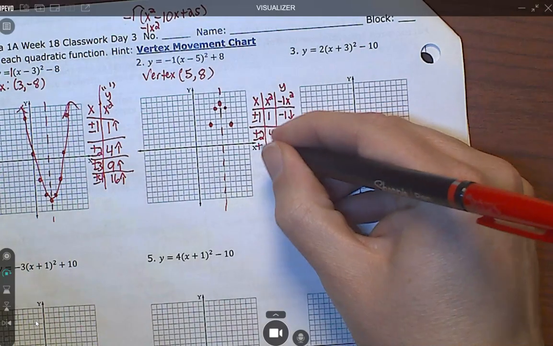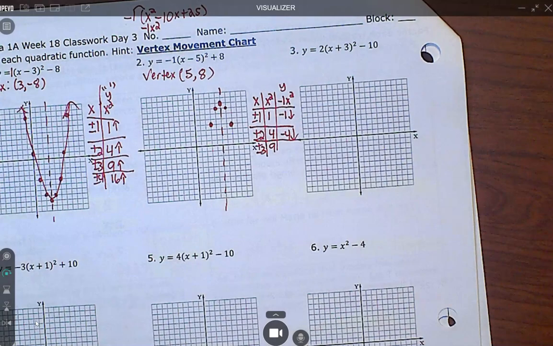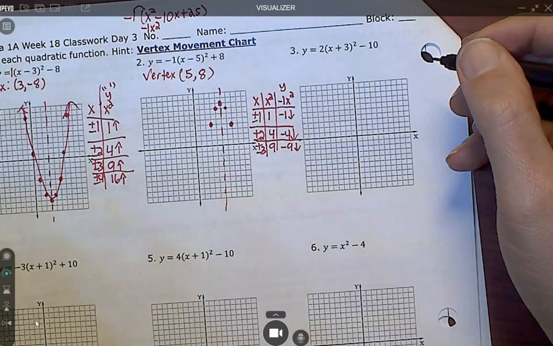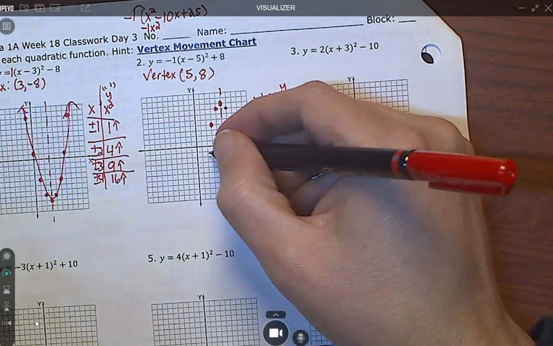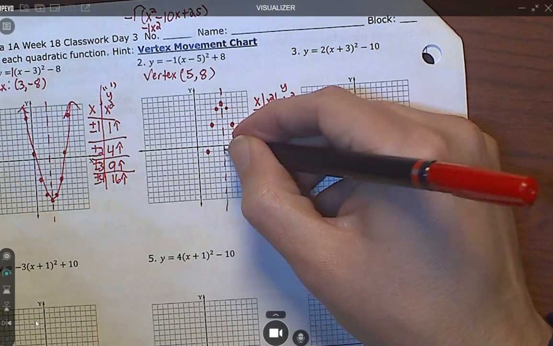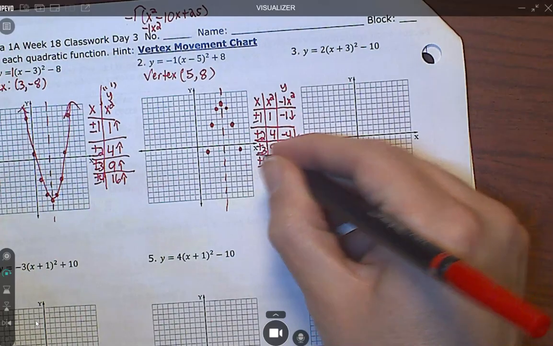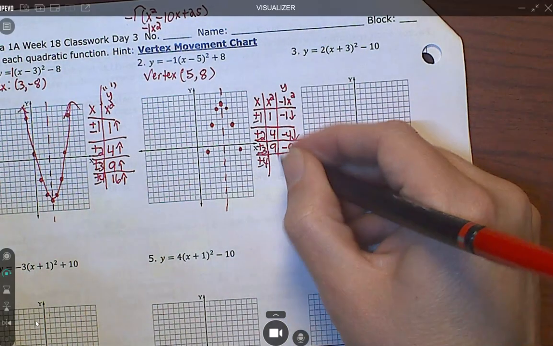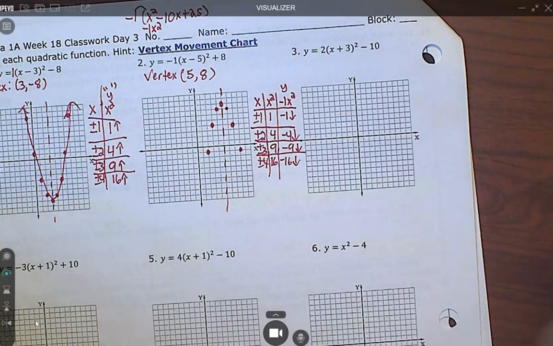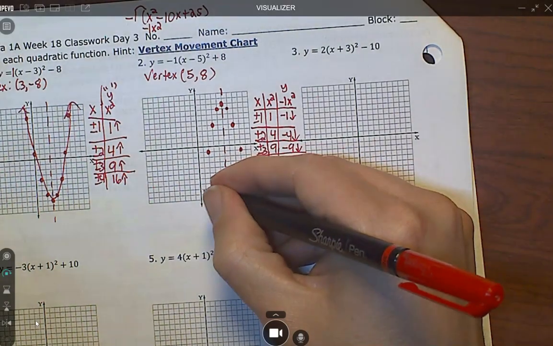If I go plus or minus 3 of the vertex, I normally go up 9, but multiply it by negative 1, I go down 9. If I go plus or minus 4, normally I'd go up 16, but I've got to go down 16. That would put me at negative 8.